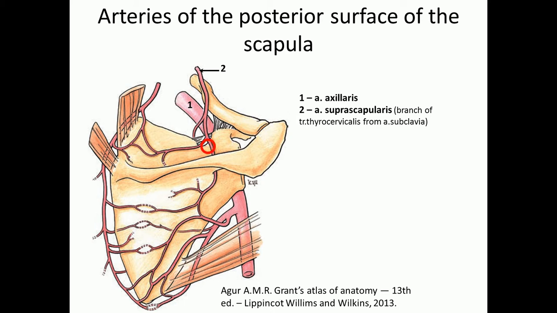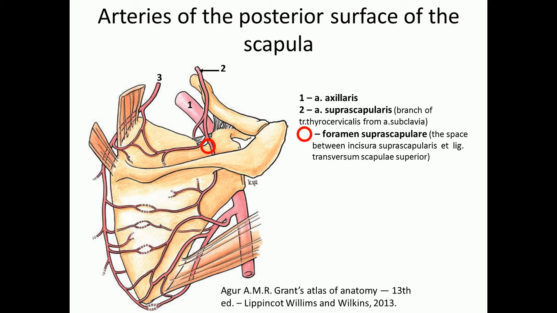And here with a red circle we can demonstrate foramen suprascapulare, the space between incisura suprascapularis, here it is in the scapula, and ligamentum transversum scapulae superius, here it is. And number 3, arteria dorsalis scapulae, branch of arteria transversa colli from the subclavian artery.